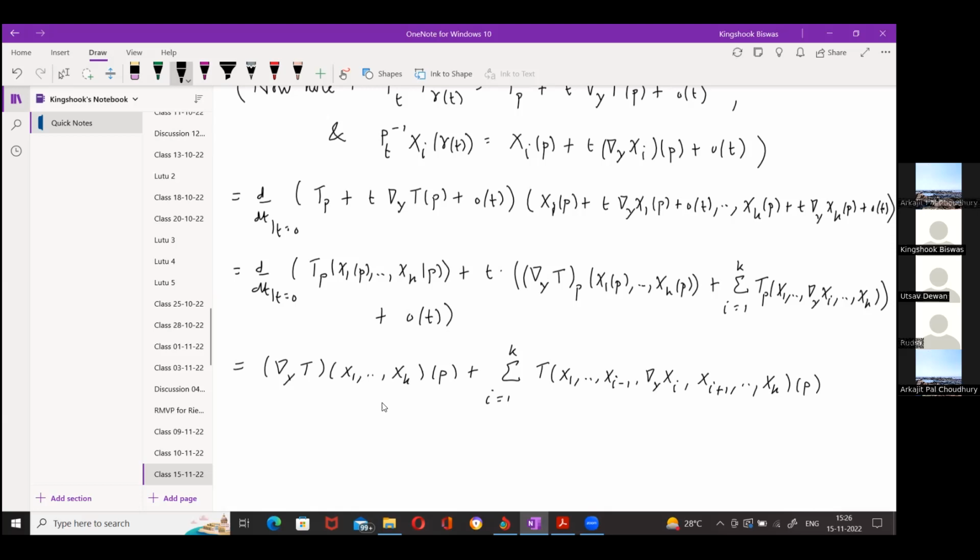All right, is this clear? So it is really a Leibniz rule, right?